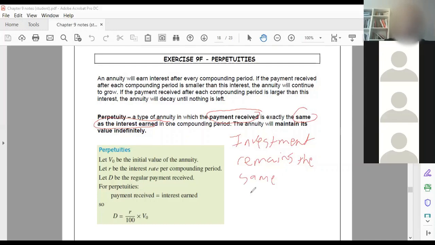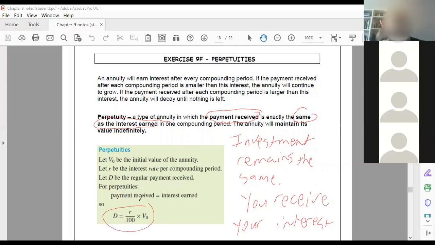Okay, so you're receiving your interest. You receive your interest. So we can work out using this, but of course, if we have to, we can just do it on our calculator as well. All right, any questions there?